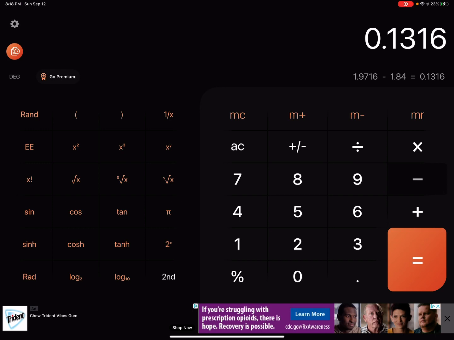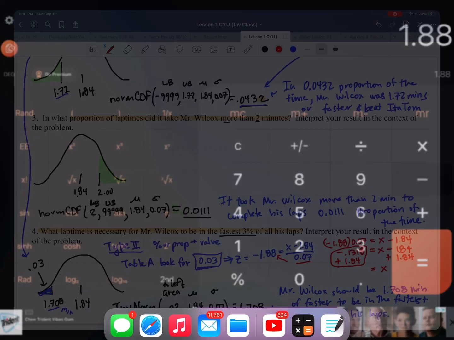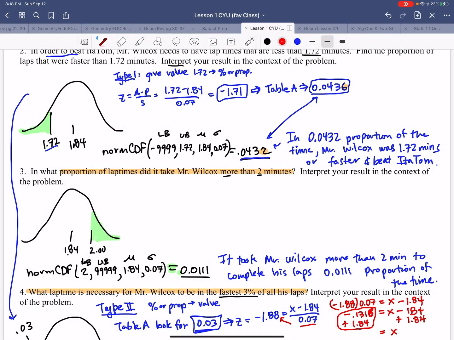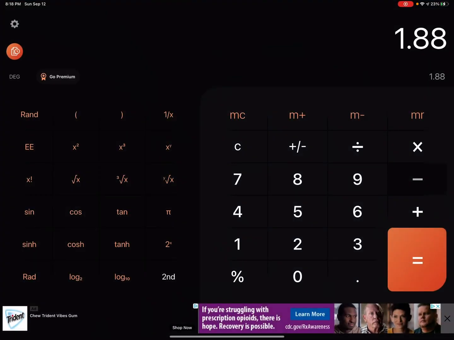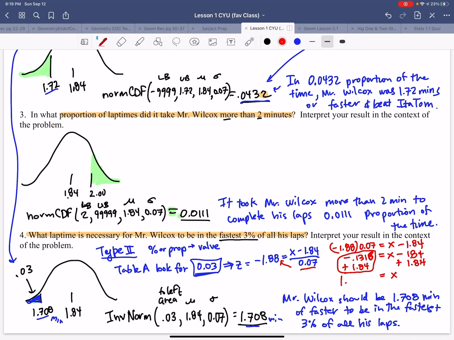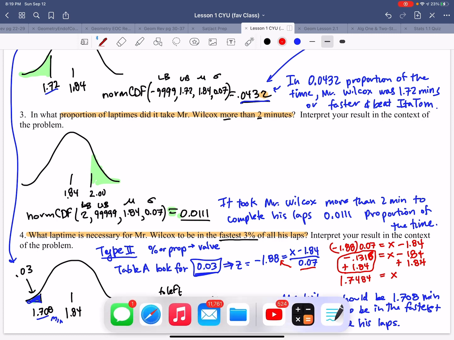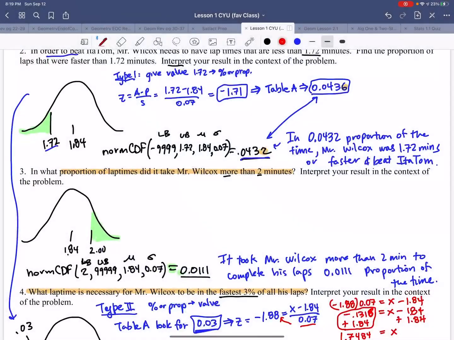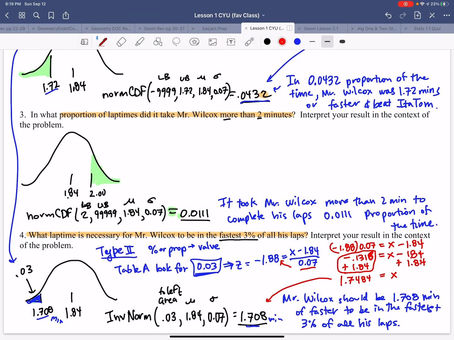So I want to take that 1.84 minus .1316, which gives 1.7484. Now again, I got a slightly different answer because I'm rounding, but I'm getting pretty close to the same answer here, right?